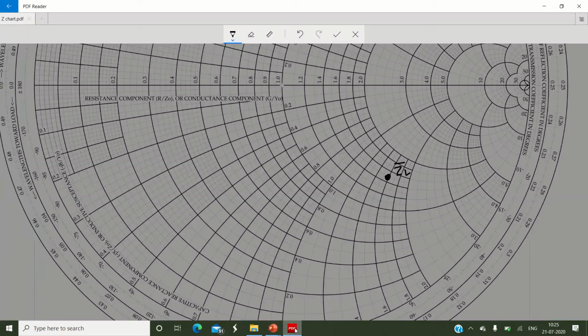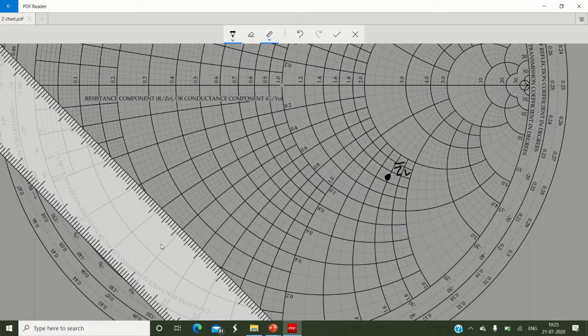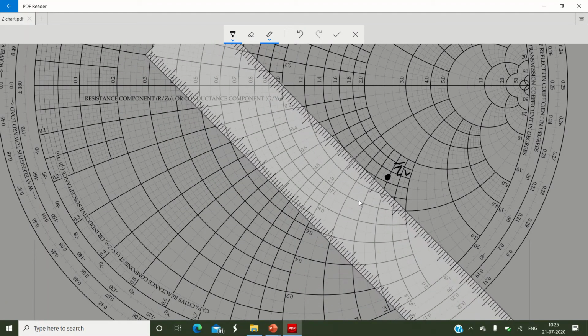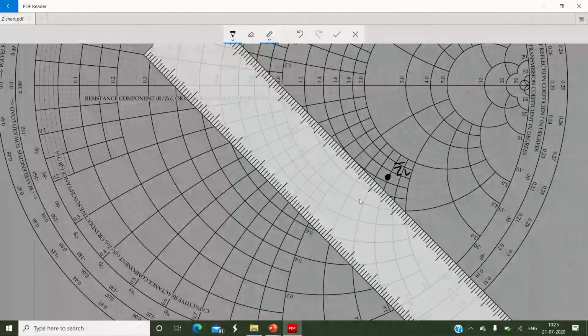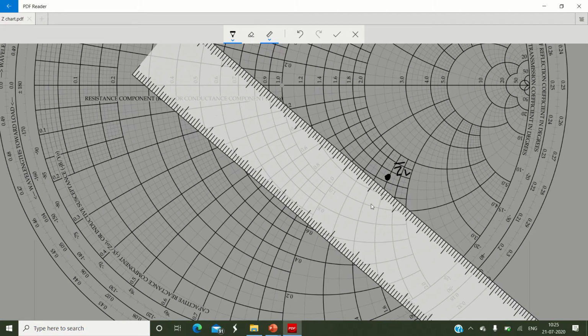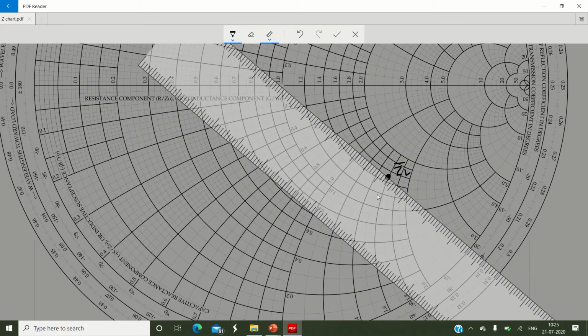So come back to your Smith chart where you have plotted the ZL bar point. Now what you do is take your scale.